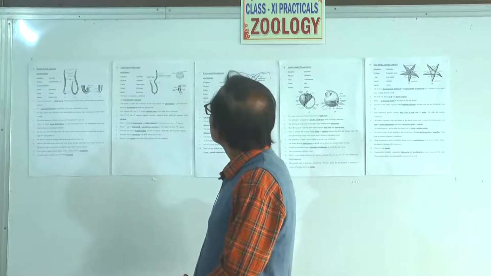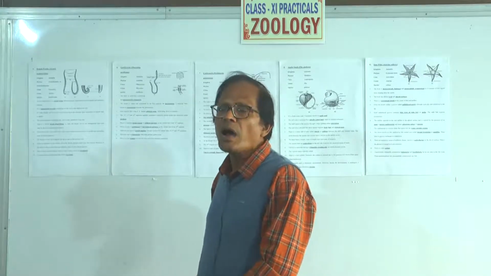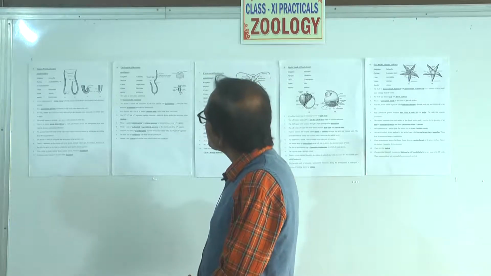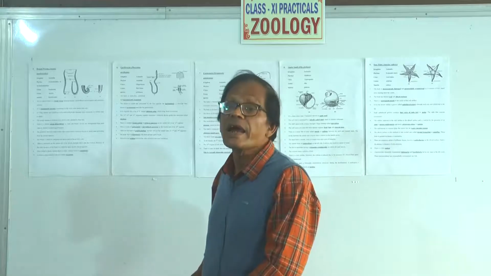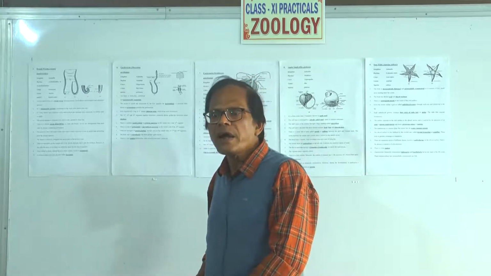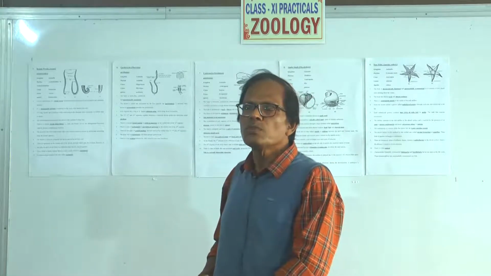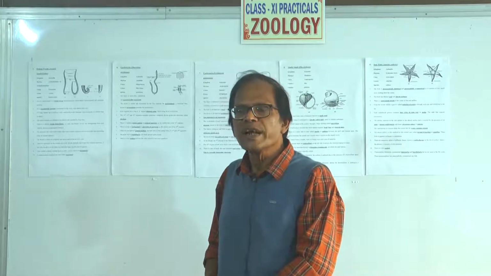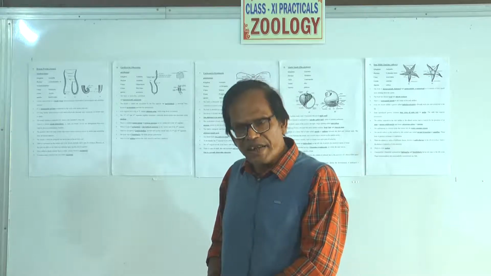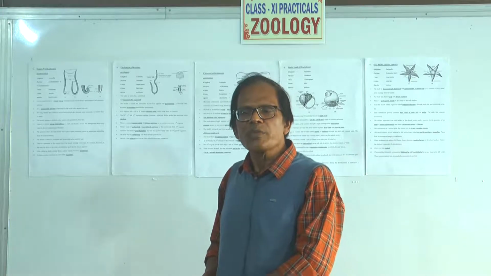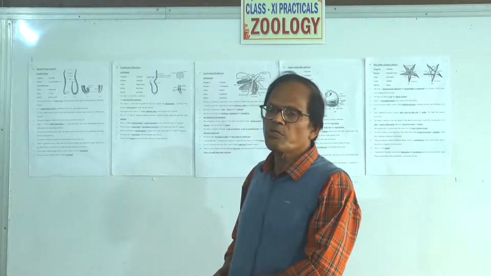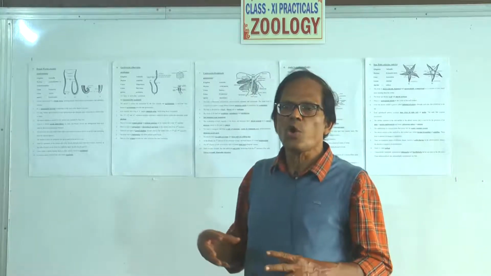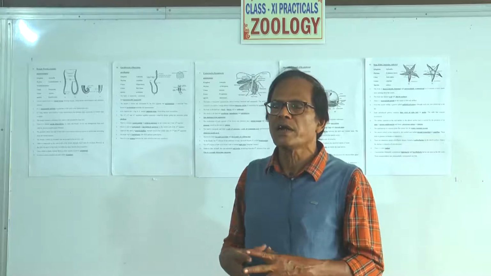Earthworm. Its scientific name is Pheretima posthuma. The classification: kingdom is Animalia, phylum is Annelida. Annelida refers to the joining together of rings in the animal. If you look at the body of the earthworm, it will look as though several rings are joined together in a linear order.